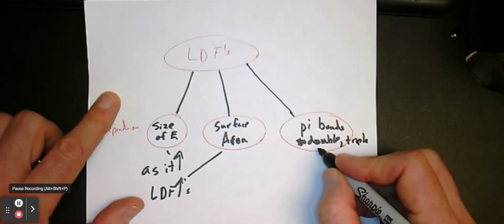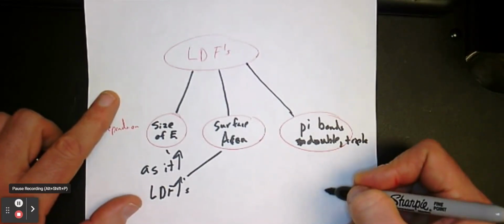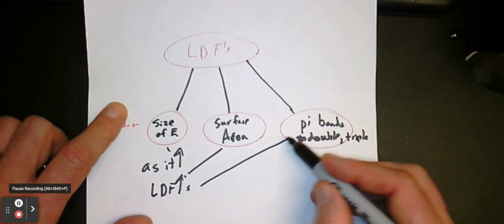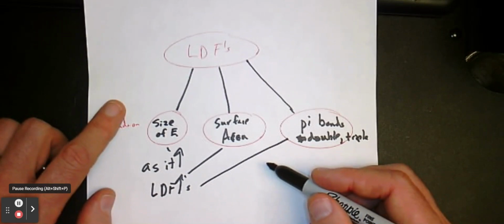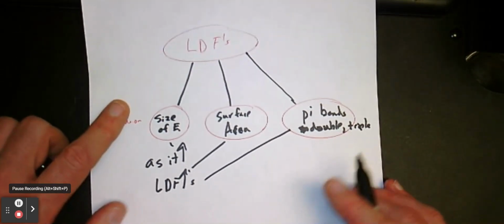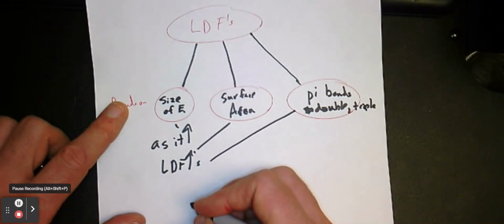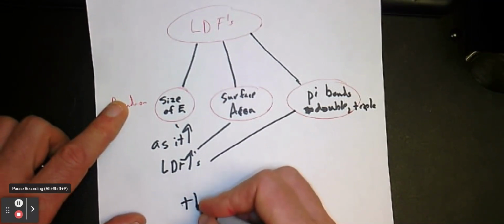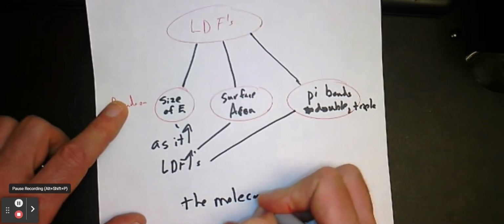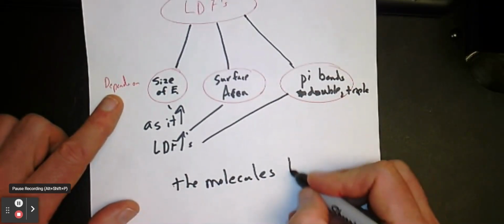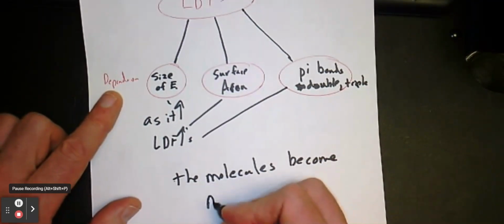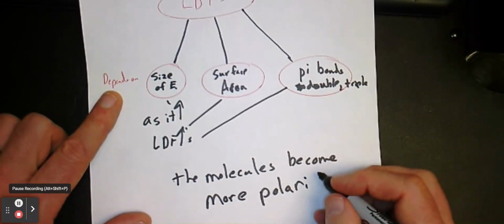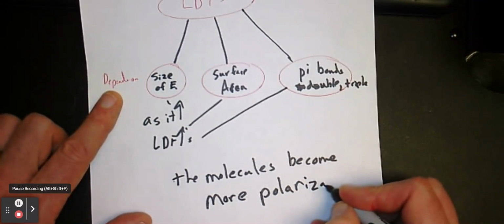As these go up, the LD forces also go up in general. The reason is that as these variables go up, the molecules become more polarizable.